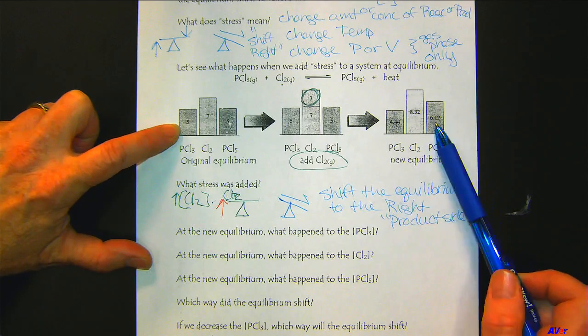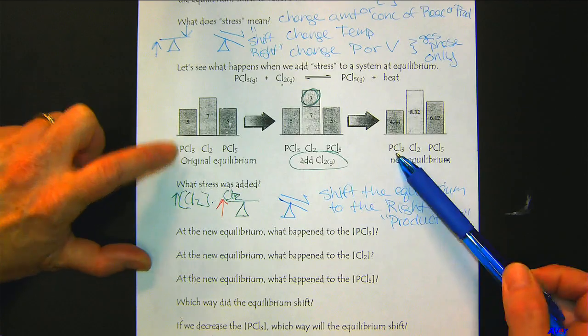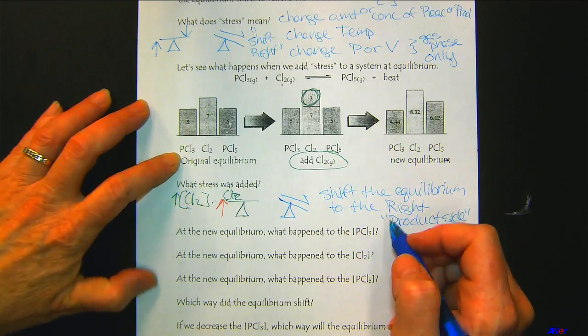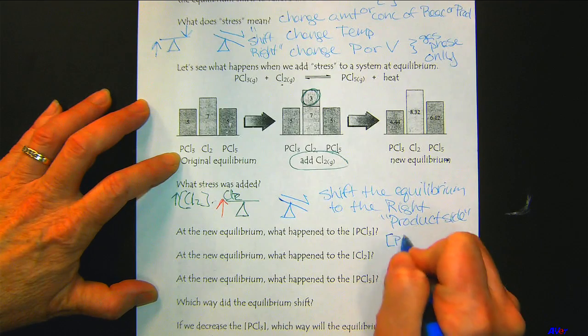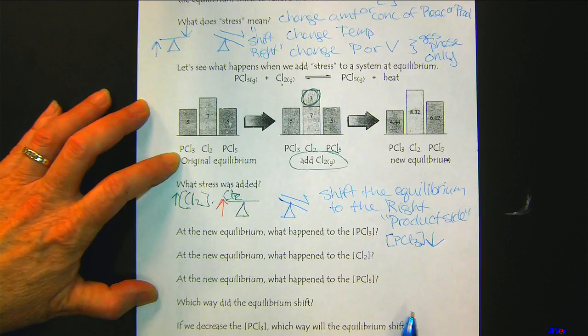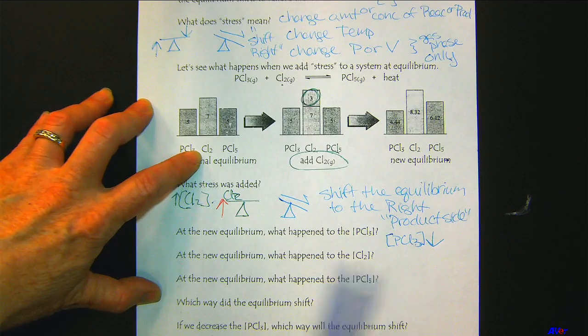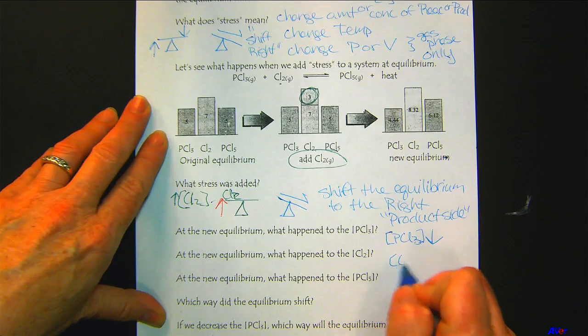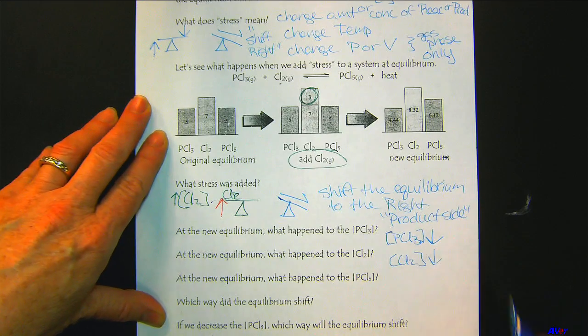At the new equilibrium, what happened to the phosphorus trichloride? The concentration decreased. What happened to the chlorine? It went from 10 to 8. The concentration of the chlorine decreased too.